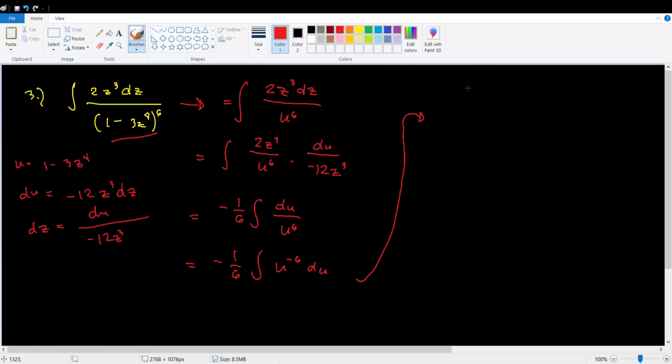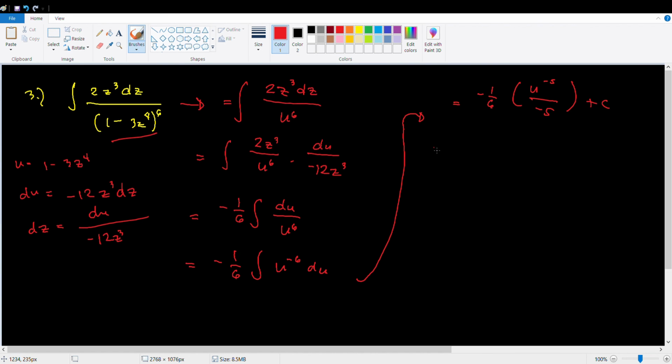and this becomes negative 1/6, I mean u raised to negative 5, since we add 1 to the exponent, that becomes negative 5, so over negative 5 plus c.